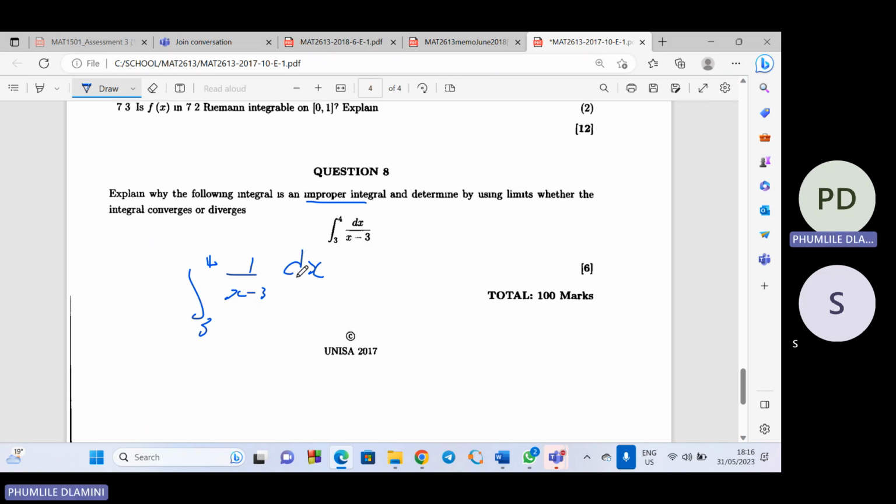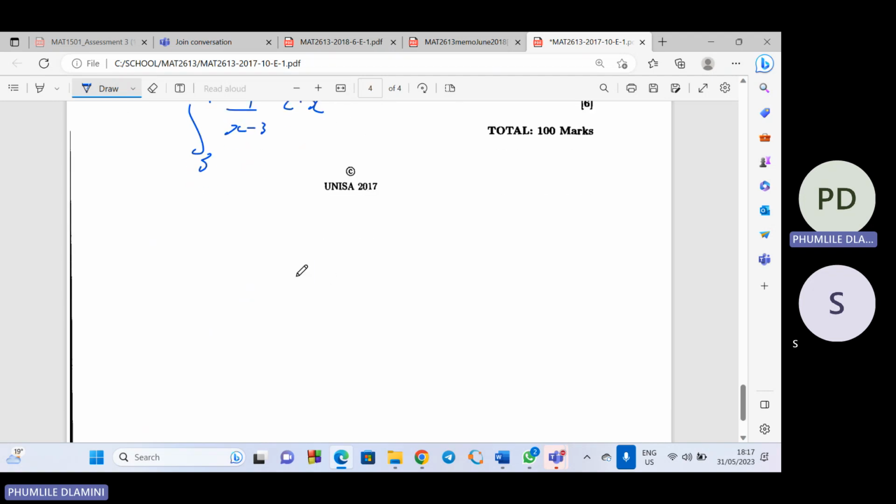So in this integral, what do we have to do? We have to use either trigonometry or substitution in order for us to get this answer. We have to let something equal something. So the first thing you have to do is let u equal x minus 3.